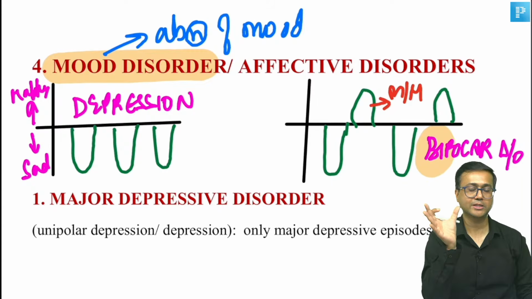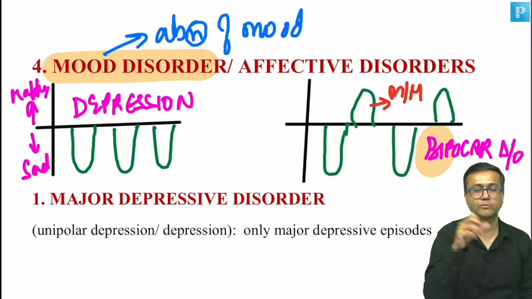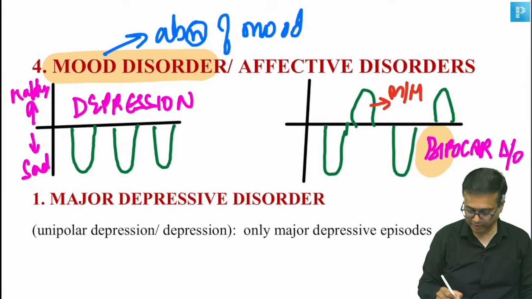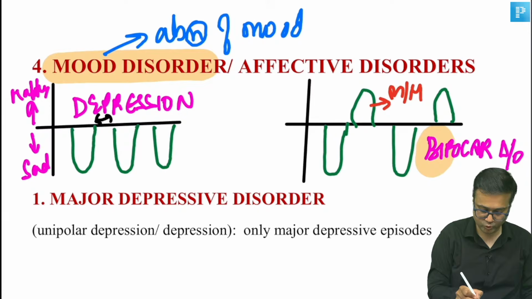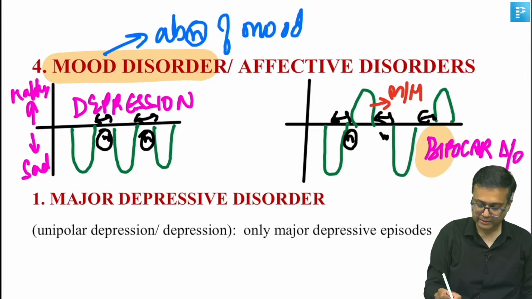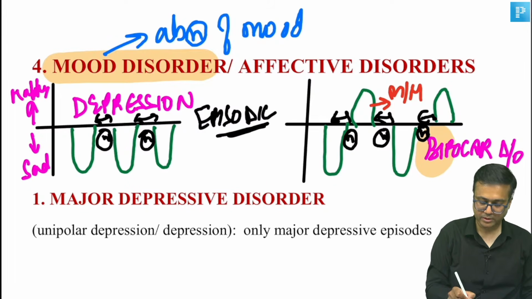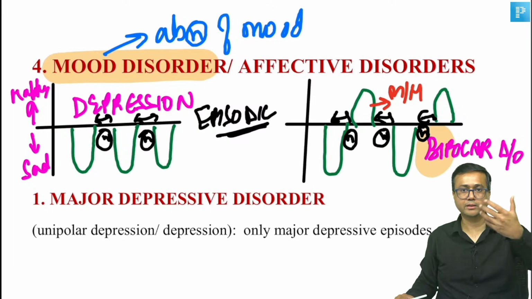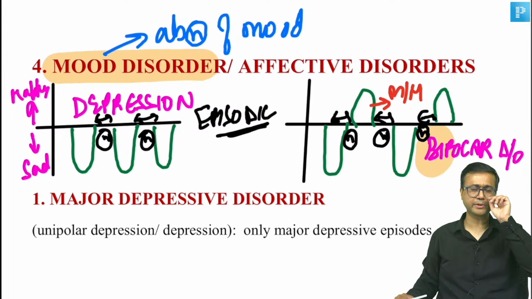So remember this basic concept, then I'll move to what is depression, what is bipolar disorder. Also one more point: have you noticed that usually in between, the person is becoming normal? So you will see that these disorders are episodic. The symptoms occur for some time and then may remit.